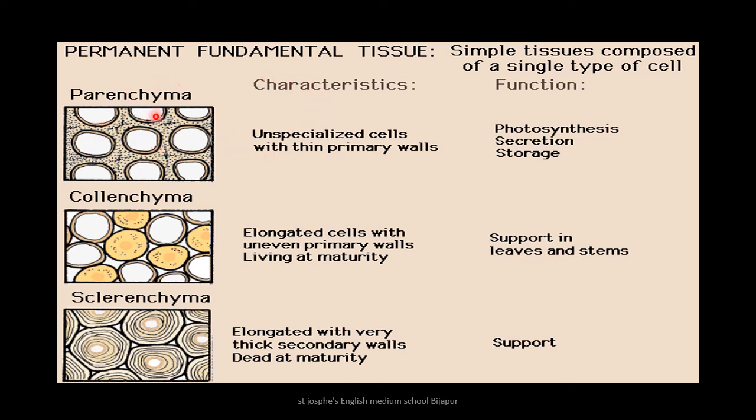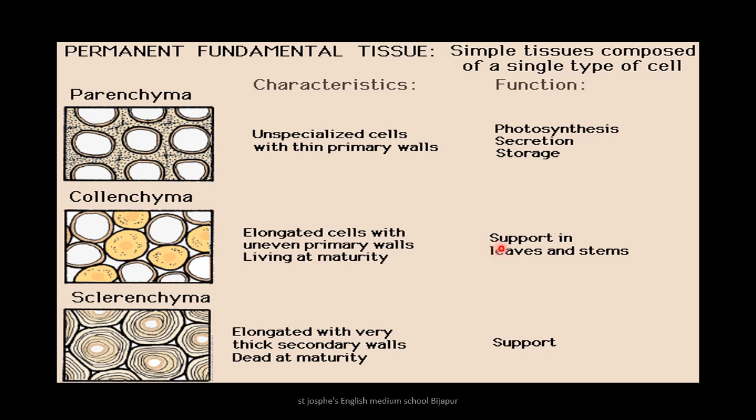You draw the diagram of parenchyma cells. In front of it, you write that these are unspecialized cells with thin primary walls. The main functions are photosynthesis, secretion and storage. Collenchyma: elongated cells with uneven primary walls, living at maturity.